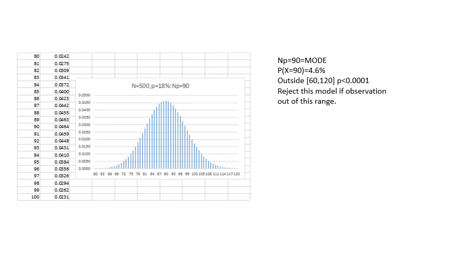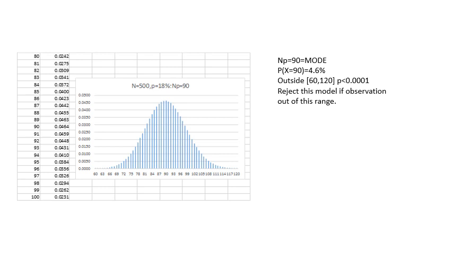Finally, we'll look at a case where n is 500, success probability is 18%. If we take 18% of 500, we get 90 trials. 90 doubles to 180 when you multiply by 2.